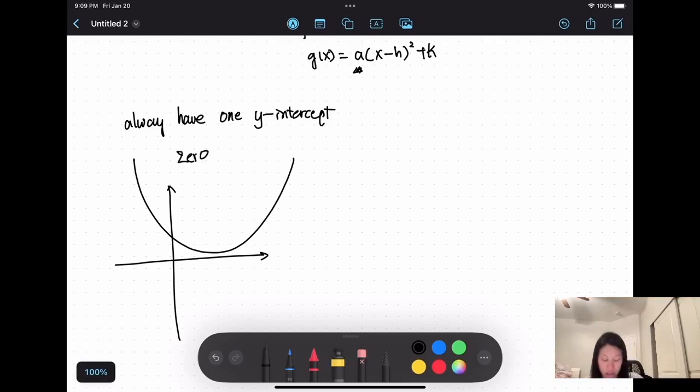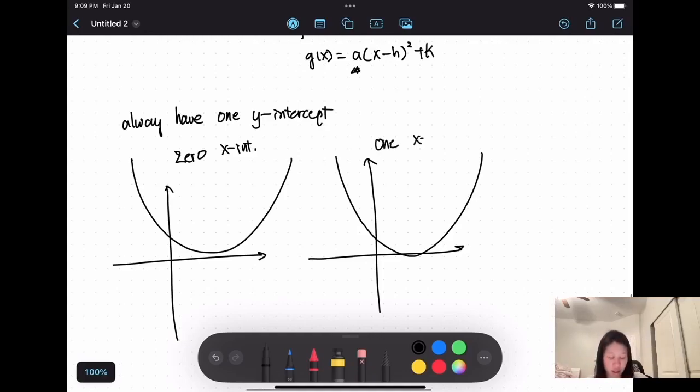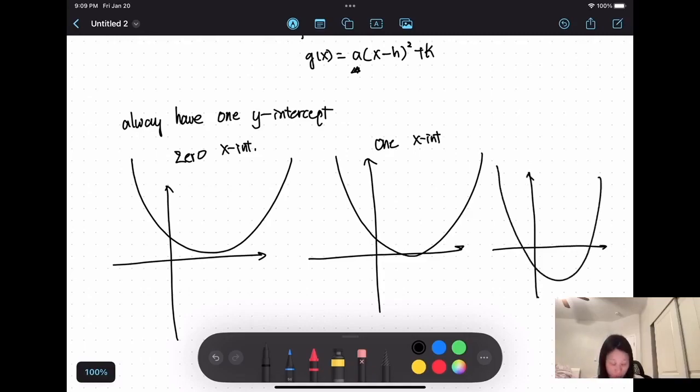So this is 0 x-intercepts. Sometimes you might have one x-intercept. This is not the perfect graph, but you got my idea. That means the parabola just touches the x-axis. So this is one x-intercept. Sometimes we will have the scenario where we have two x-intercepts, here and here.